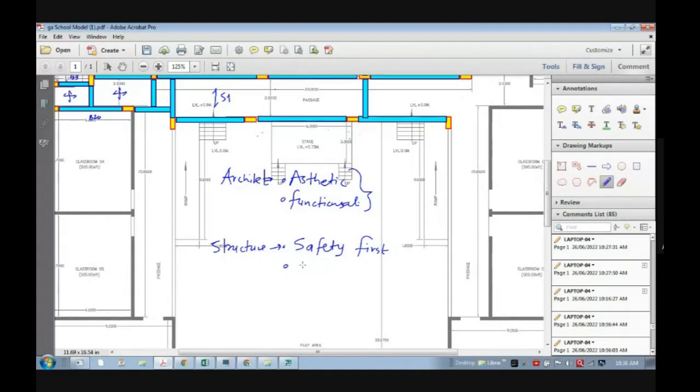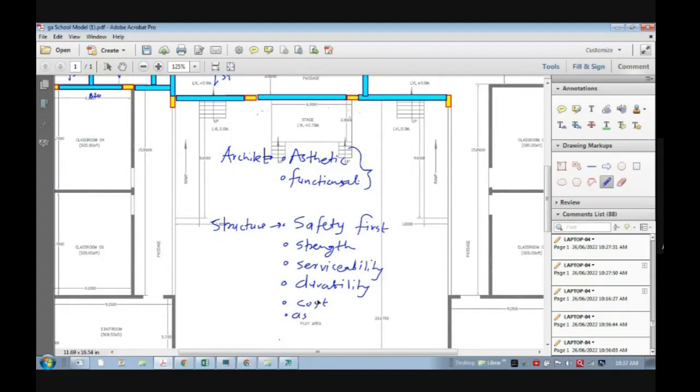Safety covers strength, that is, it should not break, it should cover our IS codes and permissible stresses and so on. It should have serviceability criteria, meaning deflection should be within the limit, and crack width also should be within the limit. Then durability means long-term life, and then cost. Okay. And aesthetic is definitely then, I will think over the architectural part, that is aesthetic.